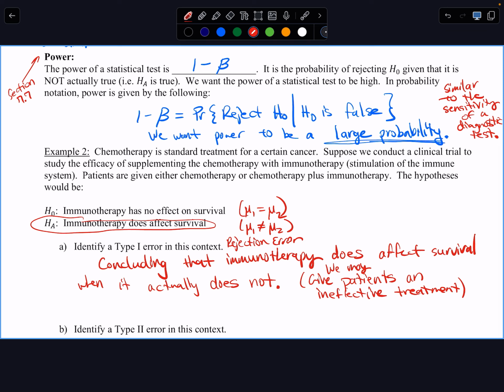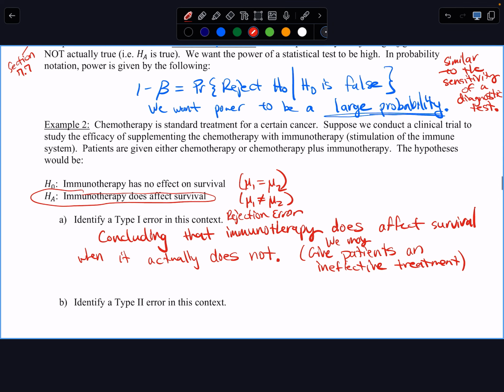That's your rejection error. We conclude that immunotherapy does have an effect when it actually doesn't. And if we draw that conclusion and move forward after that study, we may give the patients that ineffective treatment. That could potentially lead to more death, less survival. So that is a very serious error.